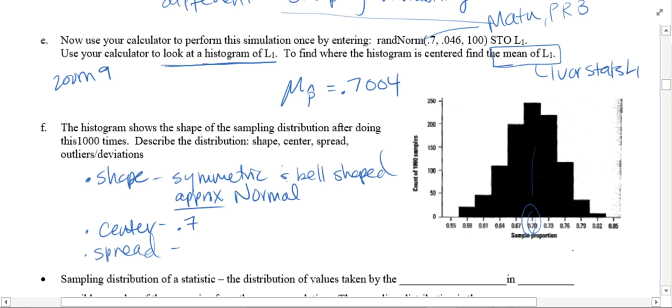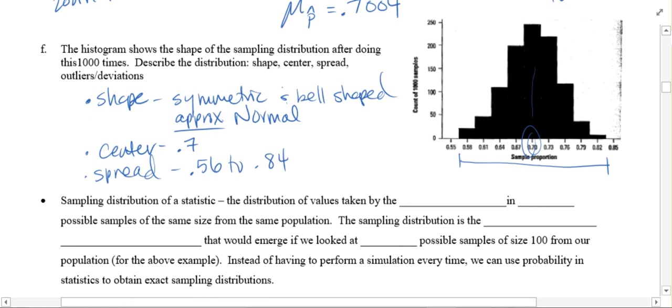We're counting by 0.02s down here, so it looks like it goes from about 0.56 to 0.84, just min to max. And there doesn't look like there are any outliers in there.